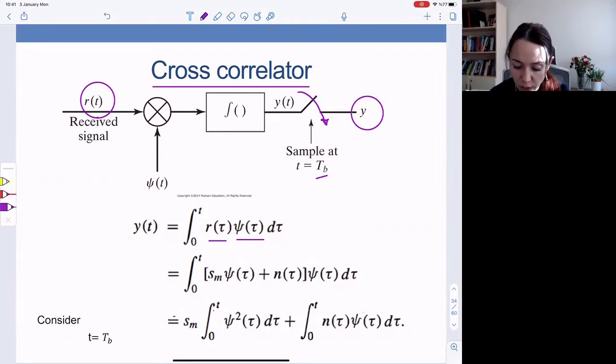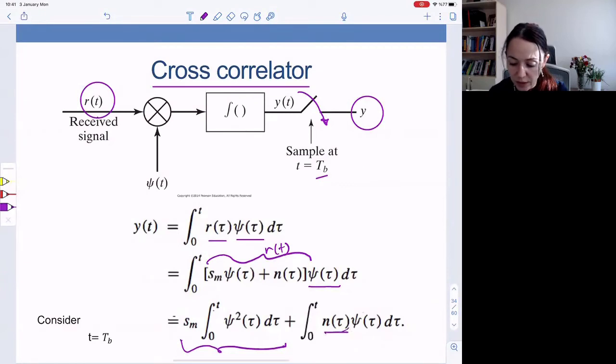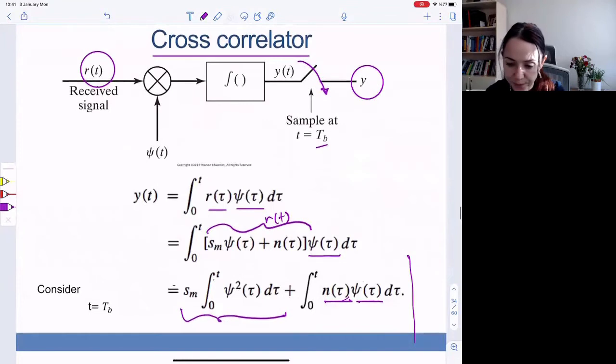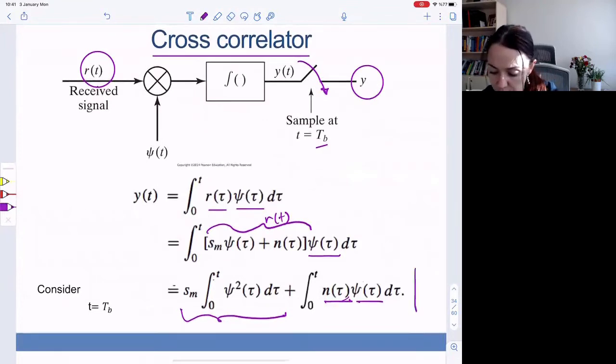So when we write the received signal r(t), the cross correlator result is going to be s_m times the integral of phi squared d tau from 0 to T, plus the noise times phi(t) integrated from 0 to T. When we consider this at t equals TB, what do you see?